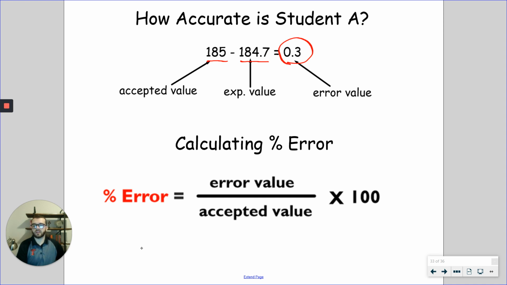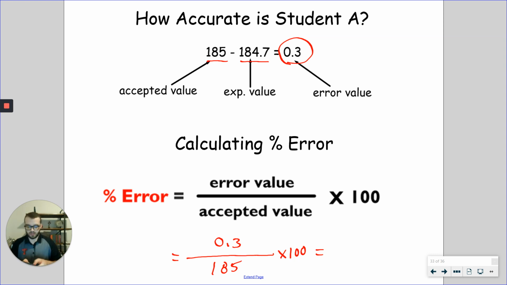Let's calculate the error. The error value was 0.3, the accepted value is 185, and then we're going to multiply that by 100. Go ahead and type that into your calculators really quick.